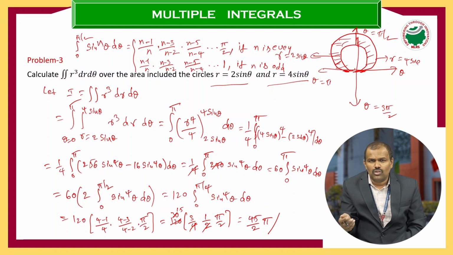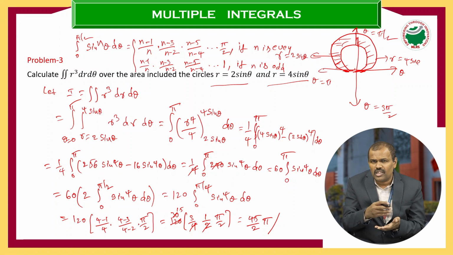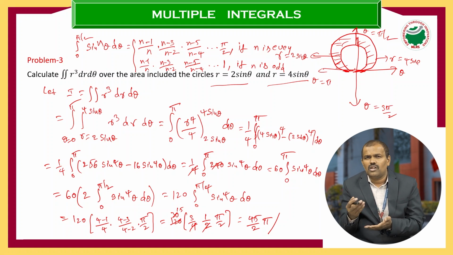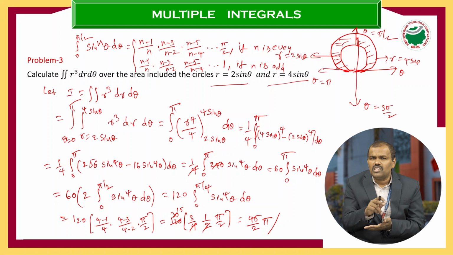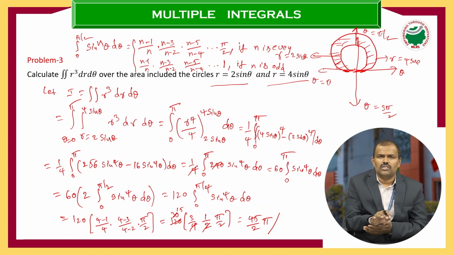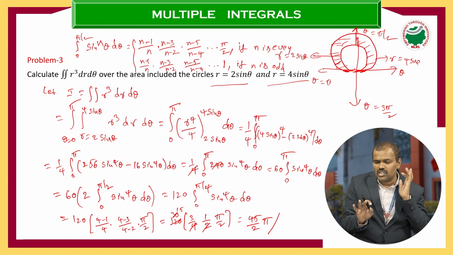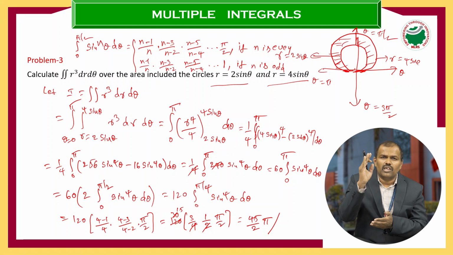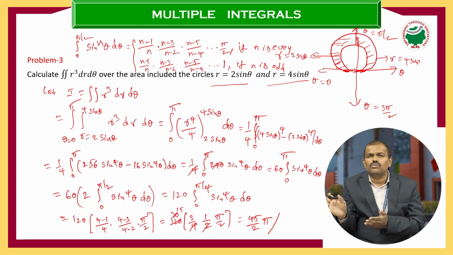If I substitute x as r cos theta and y as r sin theta, if x is absent, then we get only y terms. If y is absent, then we get only x terms. That means x terms are cos theta terms, y terms are sin theta terms. Anyhow, if only sin theta terms are there, we have to draw the figure vertically. If cos theta terms are there, we have to draw the figure horizontally.